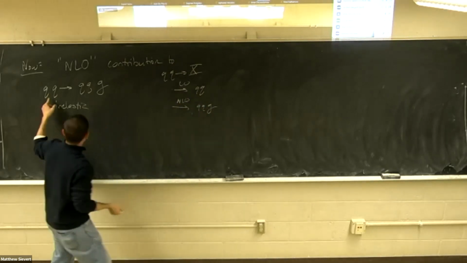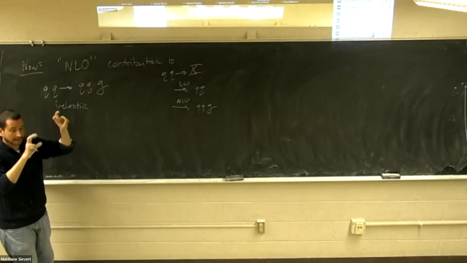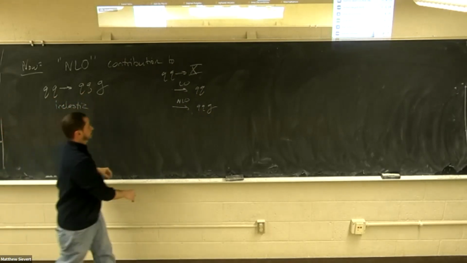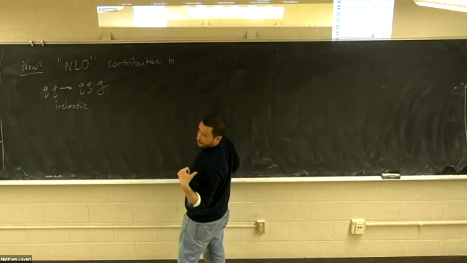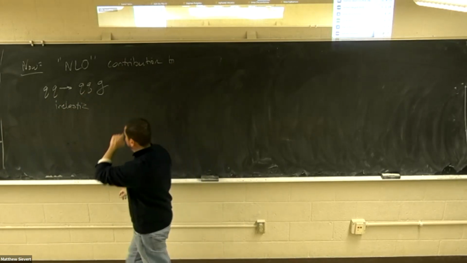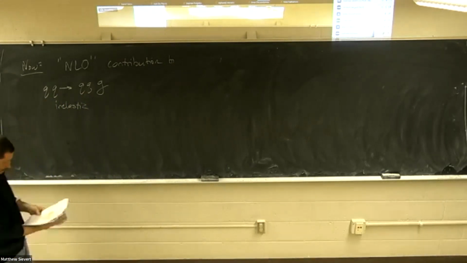Of course, if I ask for the exclusive process that must produce the final state, this isn't next to leading order anything, it's the leading contribution to that. But if I'm talking about an inclusive cross-section, then the answer we just calculated a second ago, elastic quark-quark scattering, contributes along with the inelastic NLO process. So that's what I have in mind.